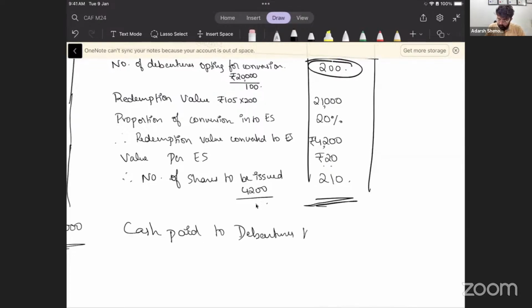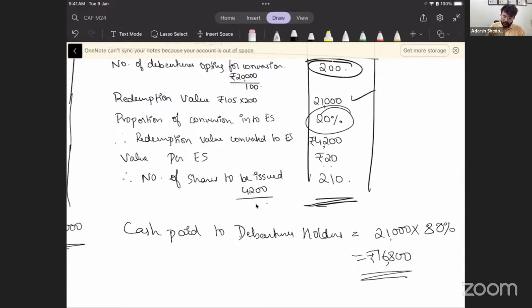All the rest is in cash. Of the 21,000 rupees, if I convert 20%, I pay 80% in cash. I gave 4,200 in equity shares out of 21,000, and the remaining 80% I pay in cash. So 21,000 minus 4,200 gives 16,800, which will be paid in cash to them.